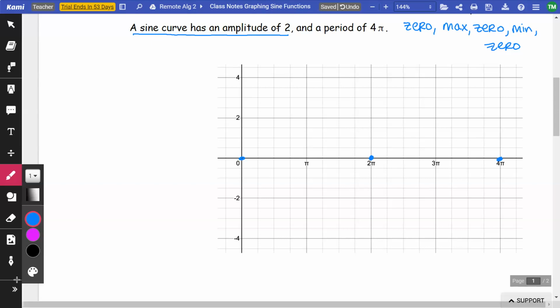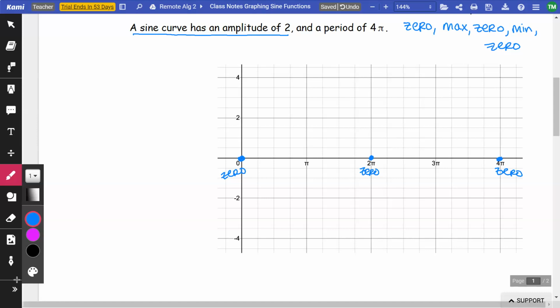So 0 to 2 pi, 0 is a 0, an x-intercept. 2 pi is another 0, or x-intercept, and then 4 pi is another 0, or x-intercept. Okay? So that means that between 0 and 2 pi, we have a maximum, and then between 2 pi and 4 pi, we have a minimum.